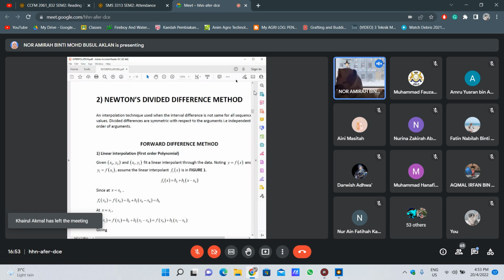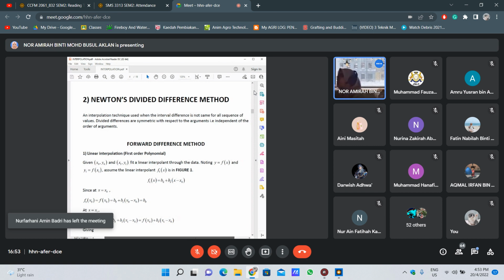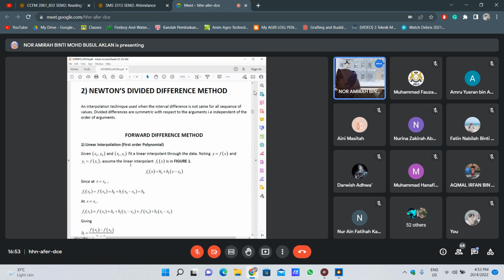So this one is also a method of interpolation. An interpolation technique used when the interval difference is not the same for all sequence of values. Divided differences are symmetric with respect to the arguments, which is independent of the order of arguments. So apa dia maksud dia?